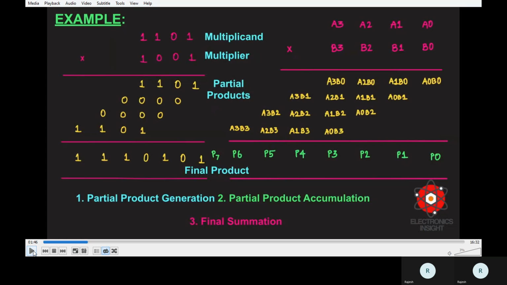So we should go on writing from LSB to MSB: A2 B0, A3 B0. In the next row, B1 is multiplied with A0, A1, A2, and A3, written again by moving one bit left. And in the third row, we multiply B2 with A0, A1, A2, and A3.